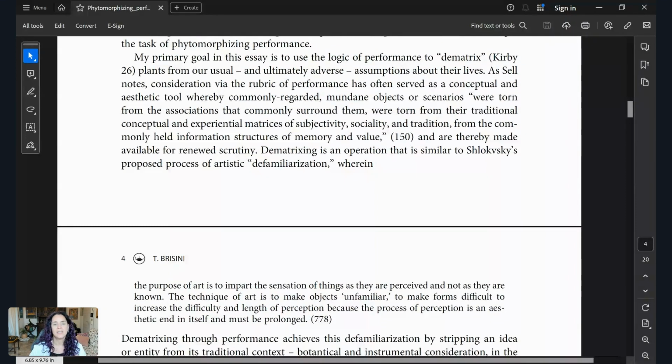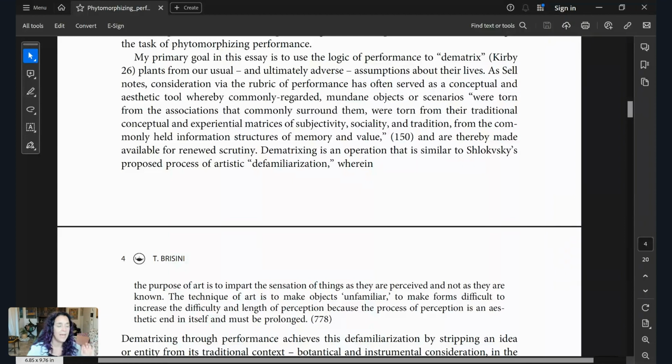My primary goal in this essay is to use the logic of performance to dematrix plants from our usual and ultimately adverse assumptions about their lives. As Cell notes, consideration via the rubric of performance has often served as a conceptual and aesthetic tool whereby commonly regarded mundane objects or scenarios were torn from the associations that commonly surround them, were torn from their traditional conceptual and experimental matrices of subjectivity, sociality, and tradition, from the commonly held information structures of memory and value.